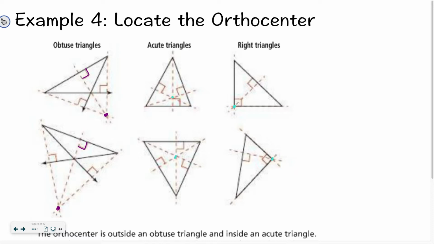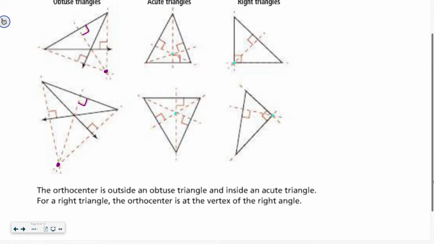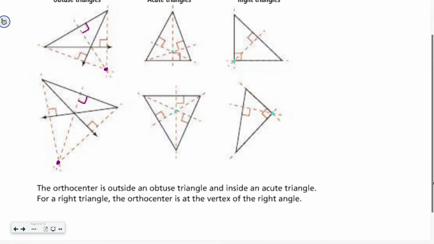So obtuse triangles, orthocenters outside, acute triangles, orthocenters inside, and right triangles, it is at one of the vertices, specifically the vertex with the right angle for the whole triangle.